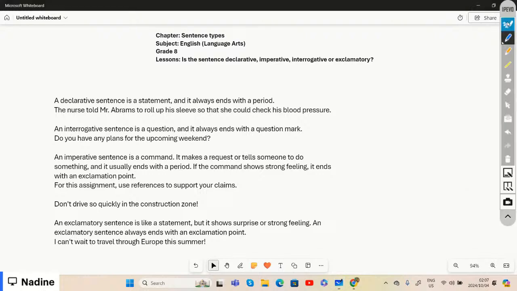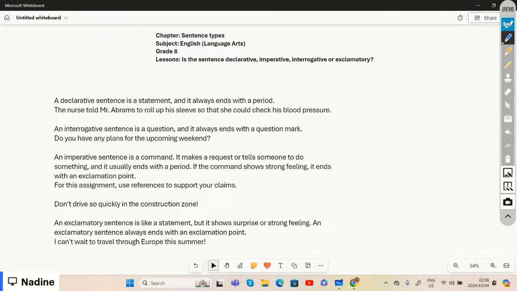With a declarative sentence, it's like me just randomly telling you, I went to bed around 3 this morning. I have 3 other siblings. That is me just randomly telling you those things. That is a statement that I'm just making.